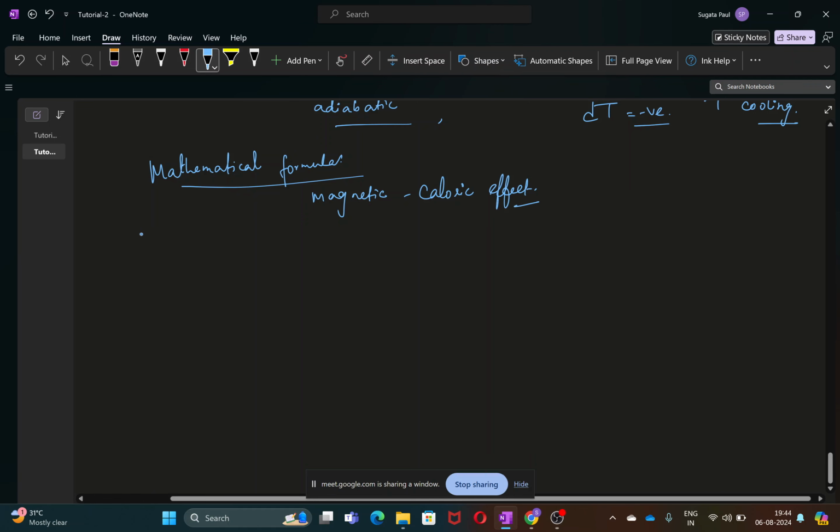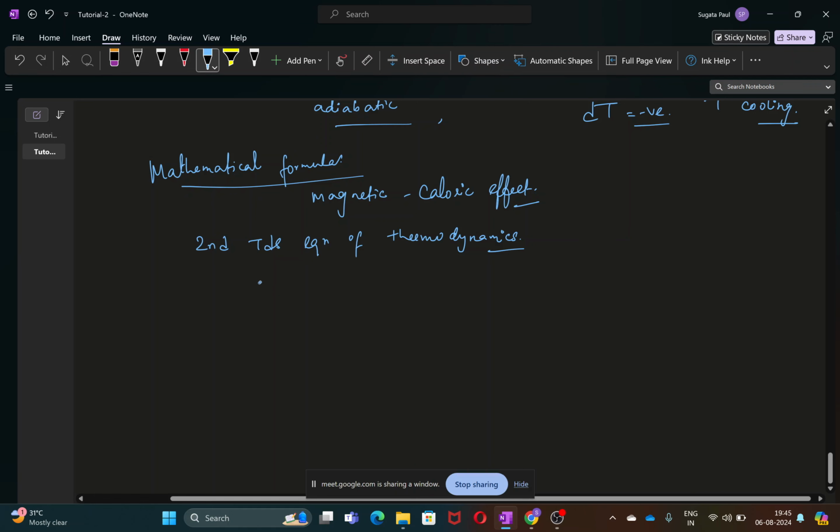Now if you want to explain it mathematically in terms of laws of thermodynamics, then you have to go for the second TDS equation of thermodynamics.